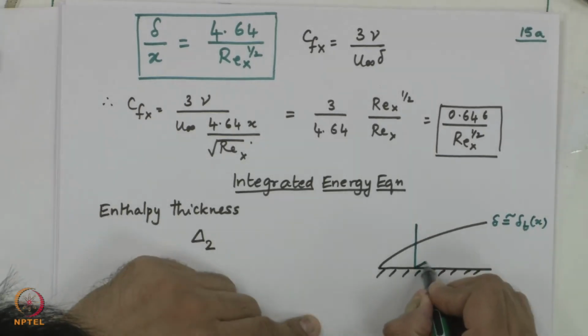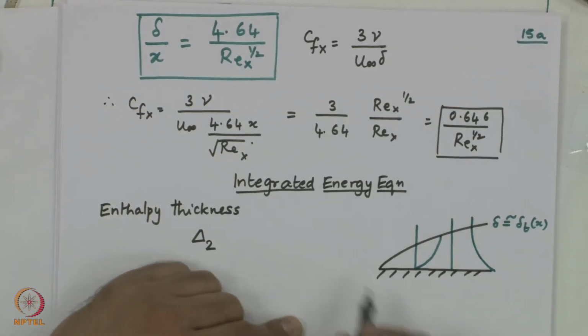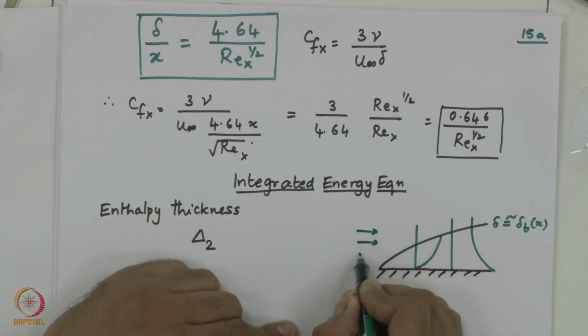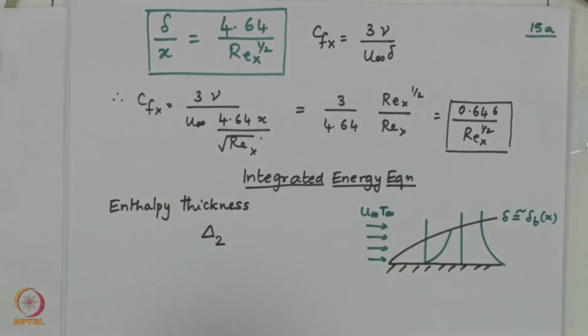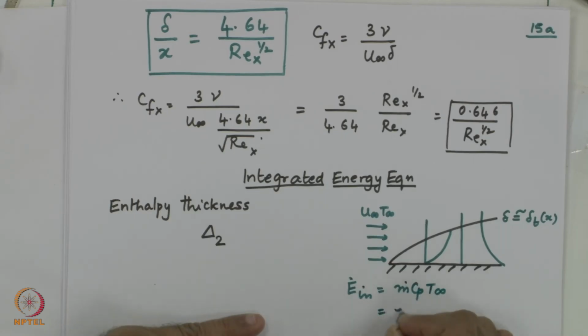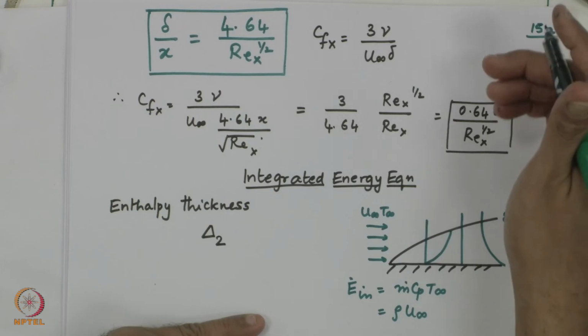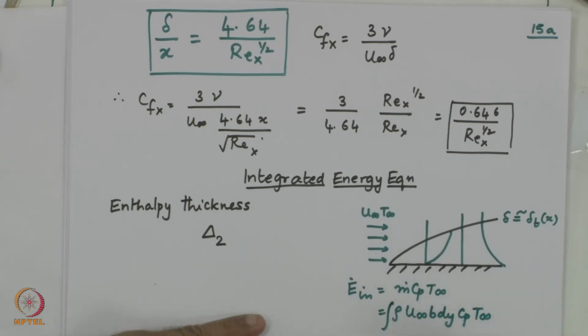So, this is my velocity profile, this is my temperature profile. Okay. What is the energy content of the incoming stream? U infinity, T infinity is the pair. Okay. So, the energy coming in is nothing but m dot Cp T infinity, which is nothing but rho U infinity into the area B times dy, Cp T infinity, correct, 0 to infinity.